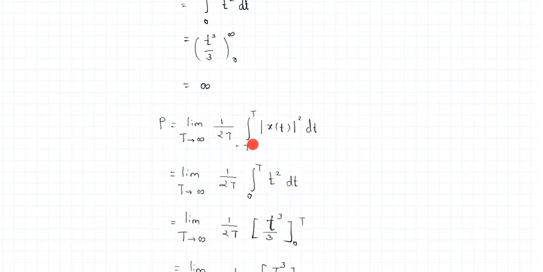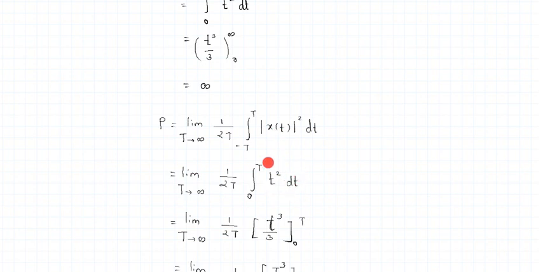What are the two modifications we did in the input signal? Firstly, we modified the limits because the ramp signal exists only for the positive side, so the limits become 0 to T. The second modification was replacing x(t) by the equation of the ramp signal, t, so it becomes t square dt.